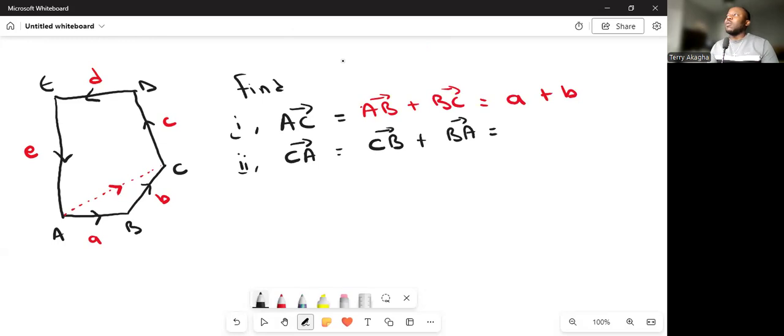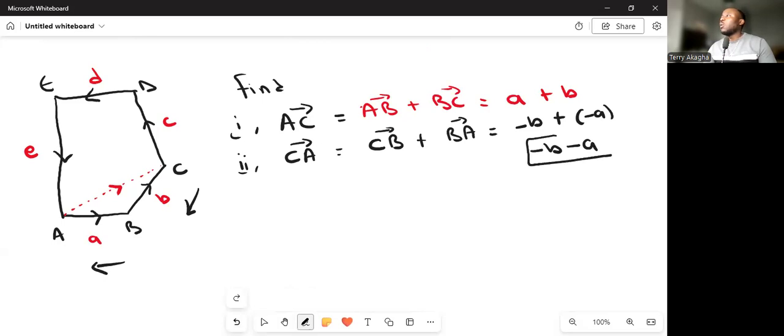But instead of A plus B, we're now going in the other direction. It's going to be minus B, plus BA, which is the other direction, minus A. So it's going to be minus B minus A.